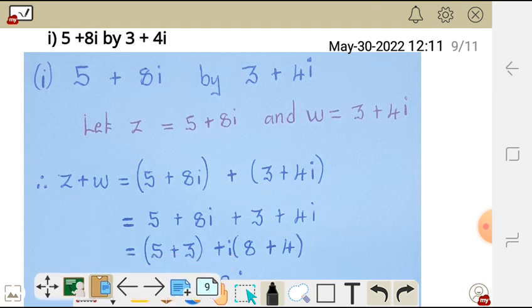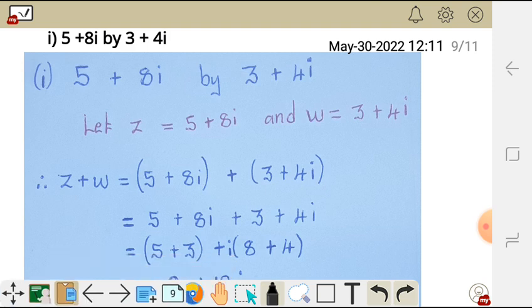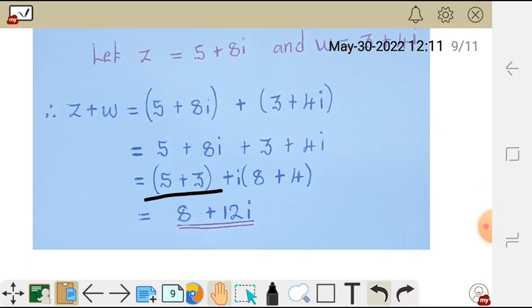Adopting the rule which says we add the real part with the real part and the imaginary part with the imaginary part, you open the brackets first, then you add the real part with the real part. So we're going to have 3 plus 5, and then you also add the imaginary part with the imaginary part.